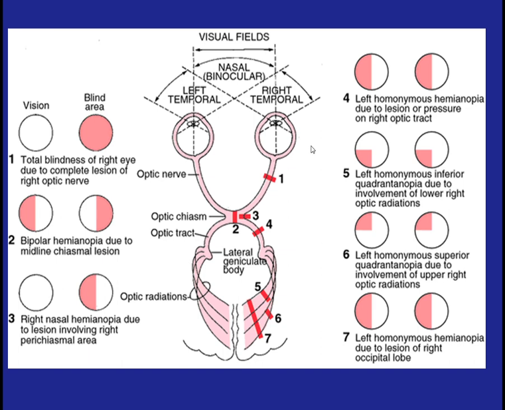Go on. We know after the chiasm it is the optic tract. In this case, the right optic tract is affected. What can our patient have?